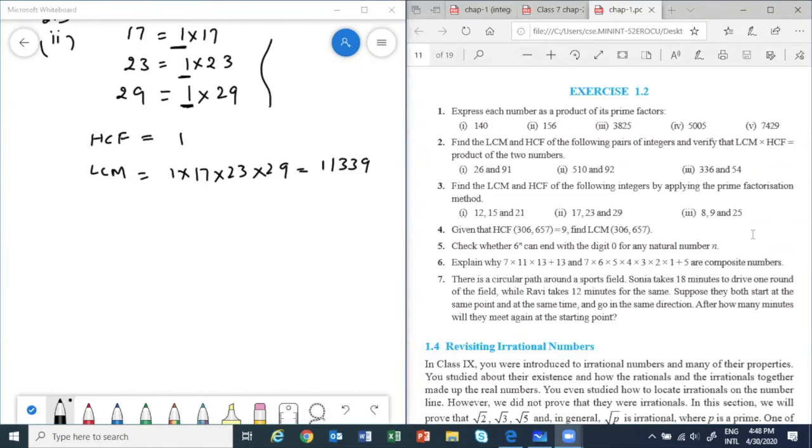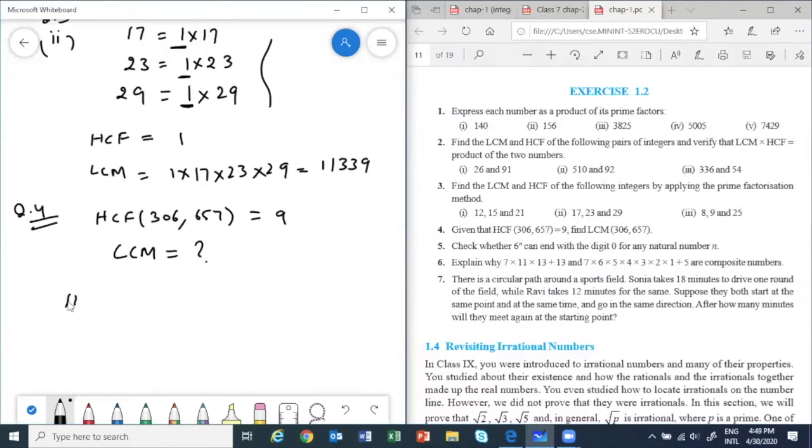Okay, let's see question number 4. It's given that your HCF is, so simple question. So what we have given, that HCF of 306 and 657 is given as 9, and you have to find LCM, right? So we can use the property.